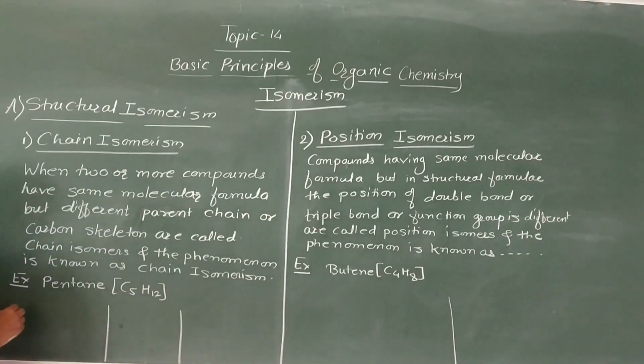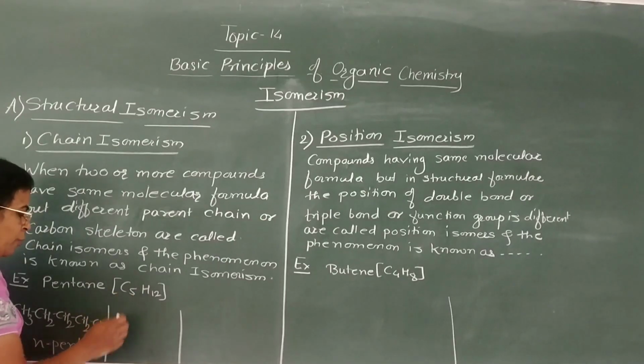First one, if all the 5 carbon atoms are in a straight chain, then it becomes CH3, CH2, CH2, CH2, CH3. All 5 carbon atoms are in a straight chain. That is, the parent chain is of pentane. All 5 carbon atoms are in a straight chain, therefore it is normal chain, therefore it is n-pentane.